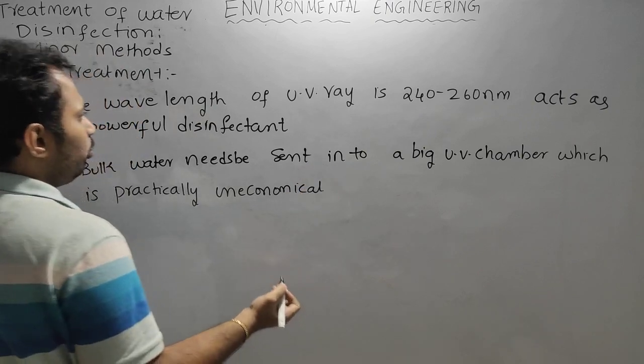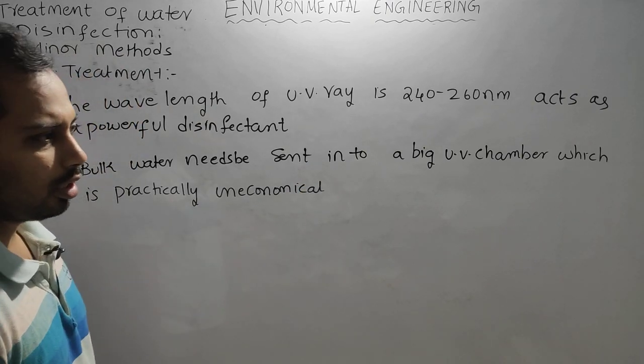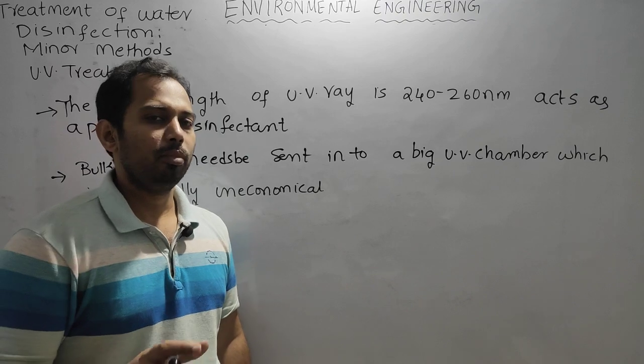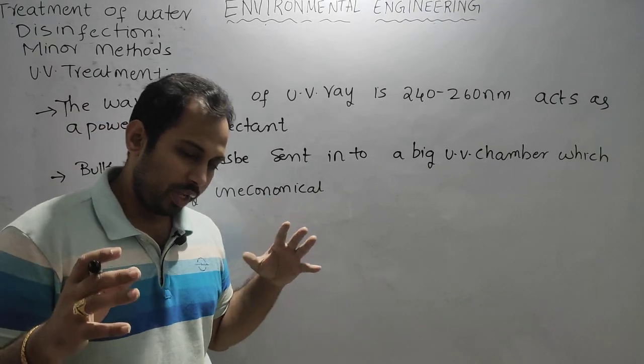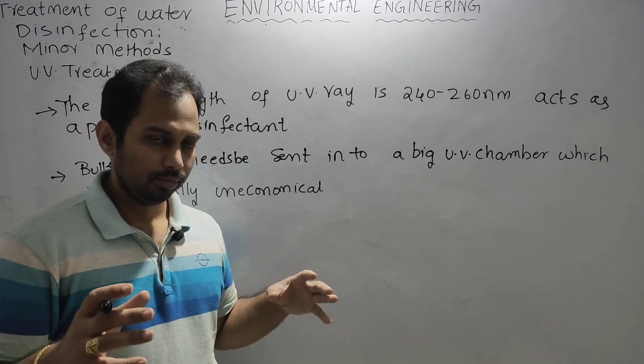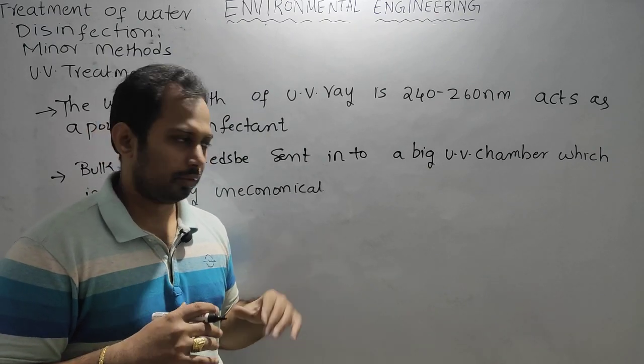So if you look at UV treatment, it does not need any material. Simply there will be a light ray. Okay. So the construction of the UV chamber needs money, and maintenance is nominal.